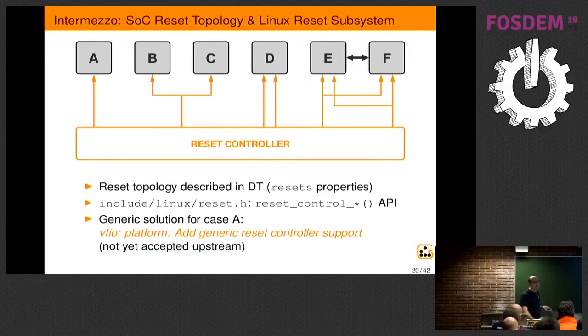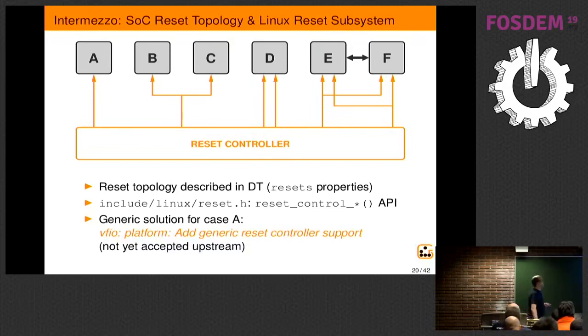There may be some ordering requirements. Or you could have some deeply connected devices, A and B, E and F, for example, that have multiple resets impacting both devices. That's complicated. Linux has a reset subsystem where you can just reset devices if the reset topology is described correctly in DT.